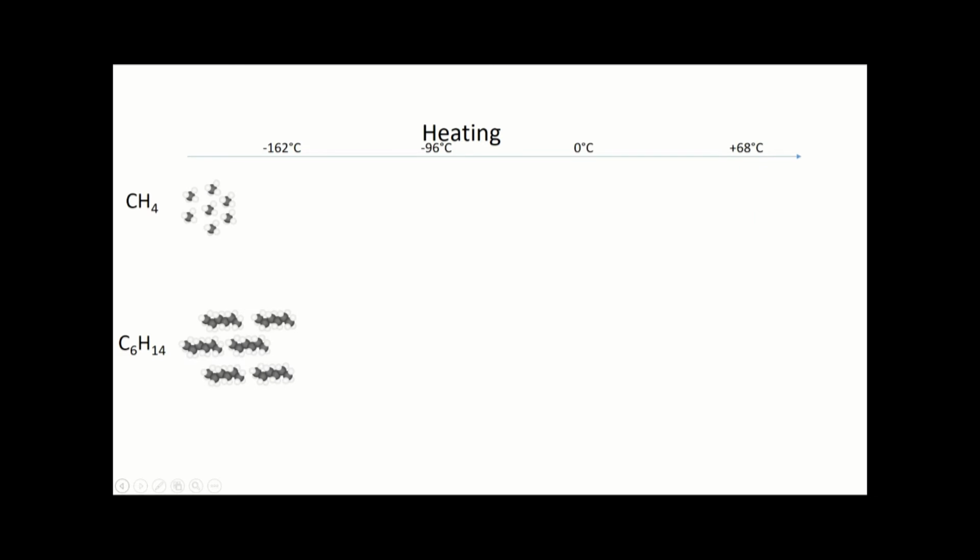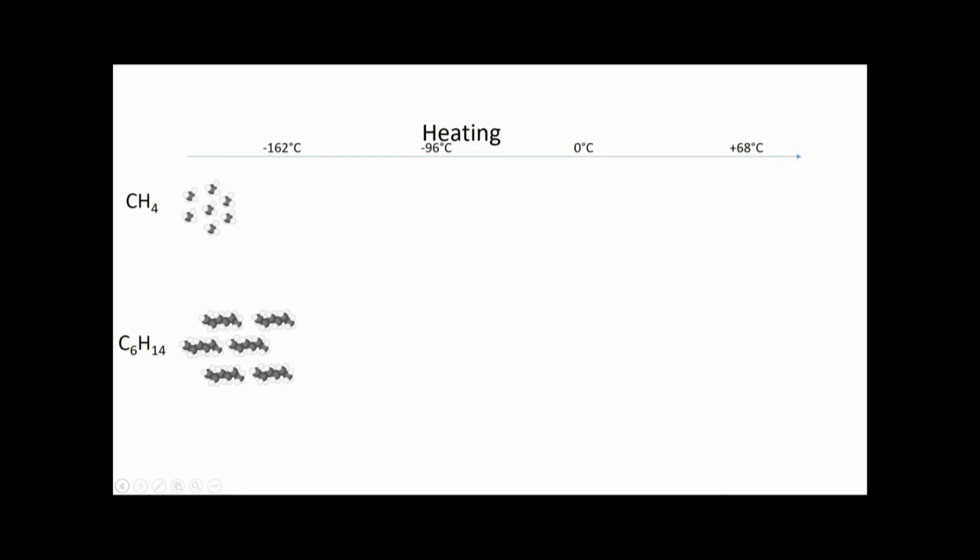Let's have a look at how this applies to methane, CH4 at the top, and hexane, C6H14 at the bottom. Now, they are both alkanes, and you can see that the size of the molecule is very, very different. Okay, you can see that we have a solid hexane.